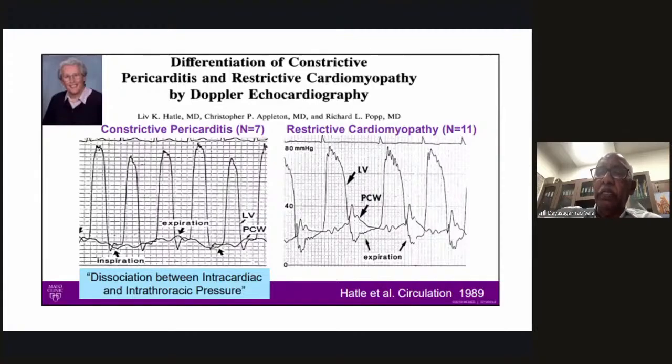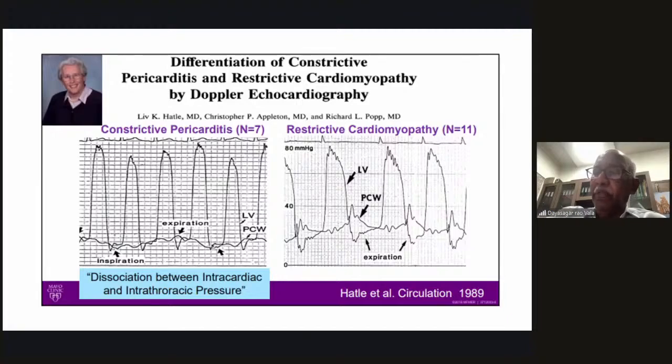Whereas in constrictive pericarditis, as shown on the right-hand side of the figure, you can see that during inspiration, during the first black arrow, there is a fall in the left atrial pressure or the pulmonary arterial wedge pressure below the level of the diastolic pressure.